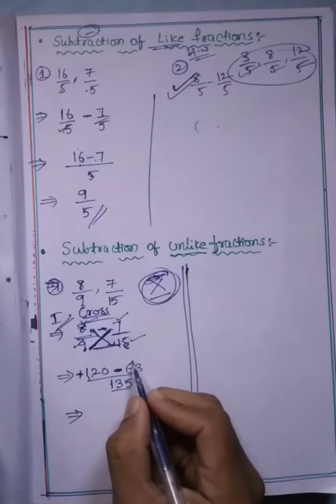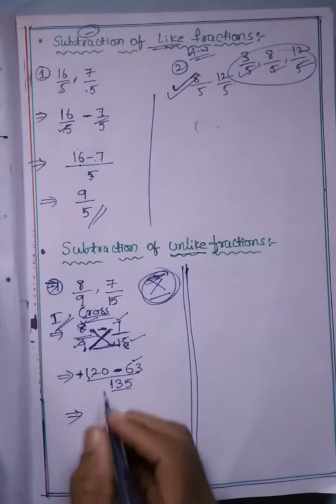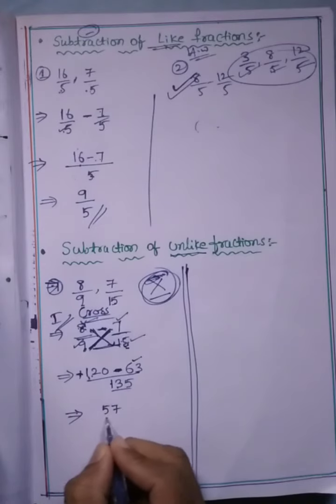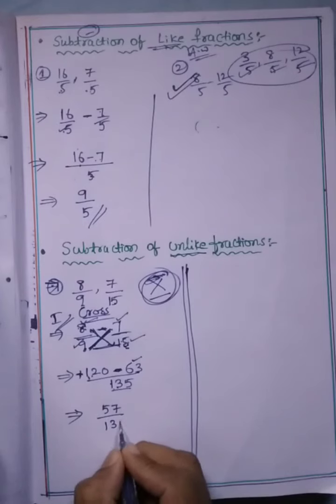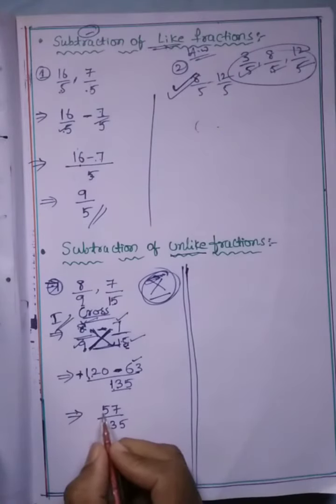Subtract 63 from 120, which is 57. 57 divided by 135. If both the numbers cancel in the same table, then you can cancel, otherwise leave it. Both these numbers cancel with the 3 table.